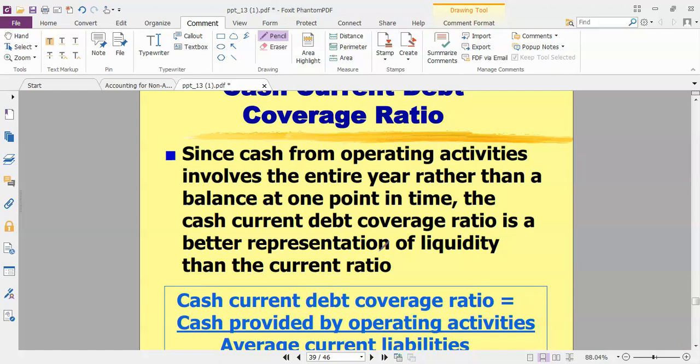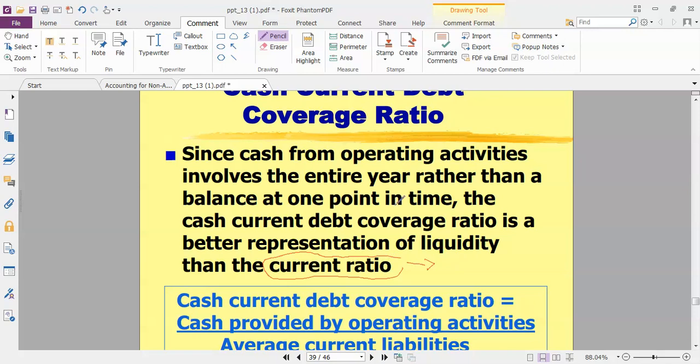Later on we will discuss more about the current ratio. We will cover this topic, if I'm not mistaken, in topic 7 or 8, how we analyze the financial statement. We analyze using the current ratio.